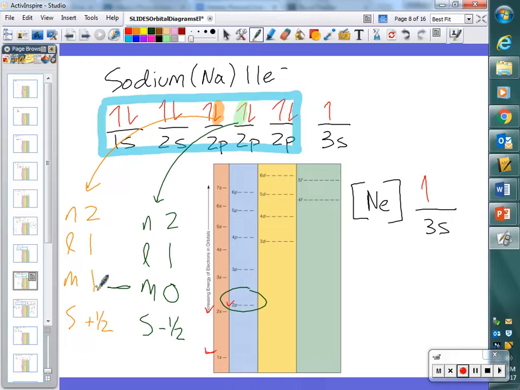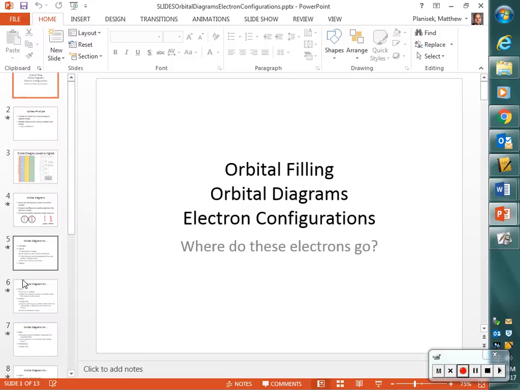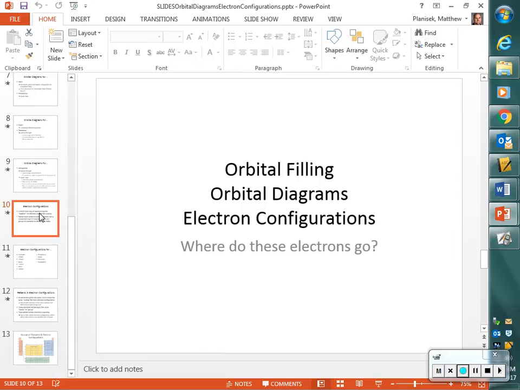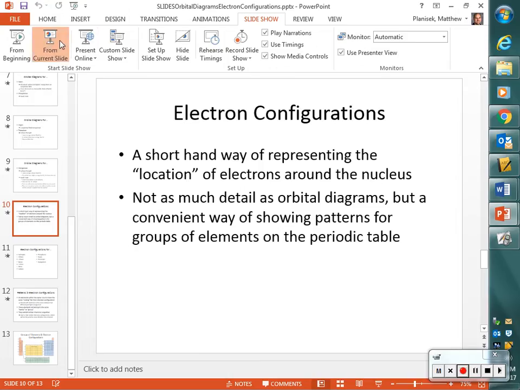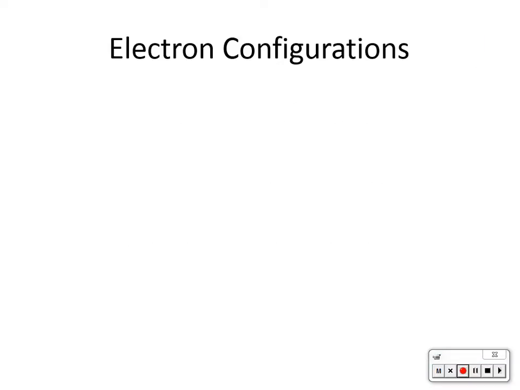All right. With that being said, let's fast forward to the back page of your outline and talk about electron configurations. The orbital diagrams that we have been drawing are shorthand ways of representing that big complex picture with all the orbitals that we drew on Wednesday, Thursday, and Friday of last week.